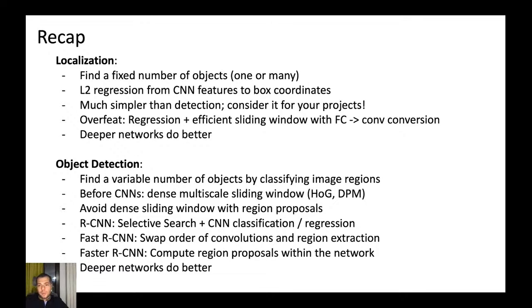Okay, so we also saw this efficiency improvement from OverFeat, where the fully connected layers are replaced with convolutional layers. And this is a nice idea that can also be applied in other domains where, instead of applying the CNN several times over the image, you just apply it only once and you get a slightly larger output that you can further process.